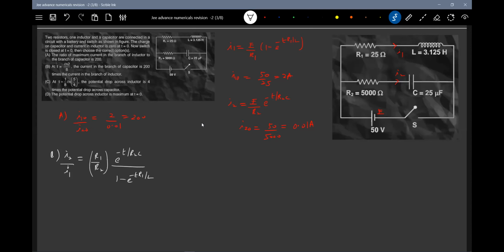Okay, this is R1, R2. Then we have to verify. ACD will come.